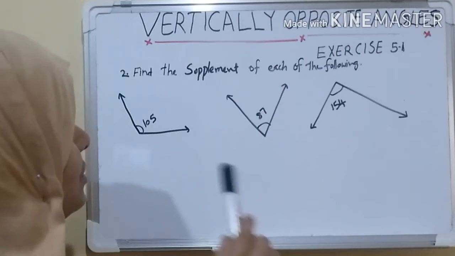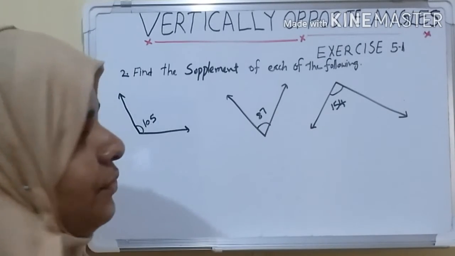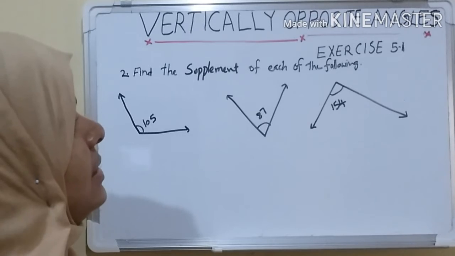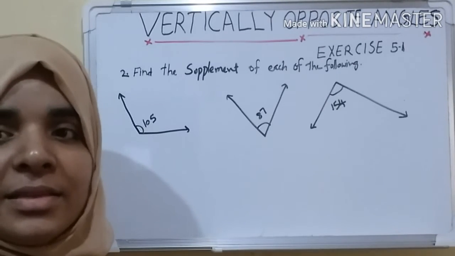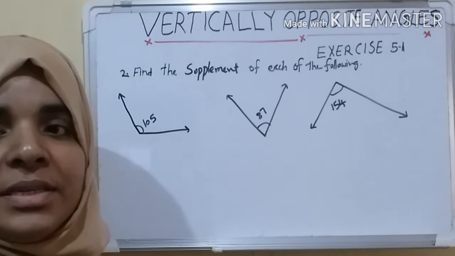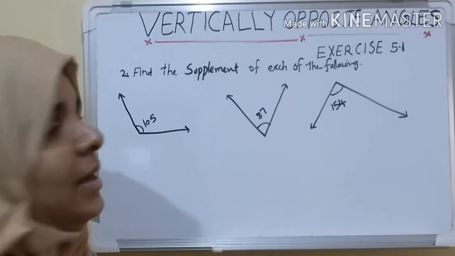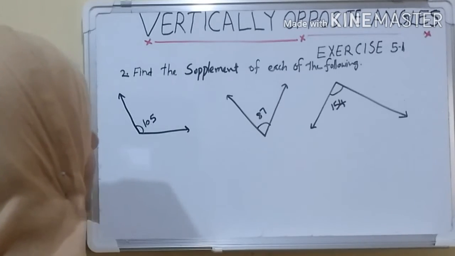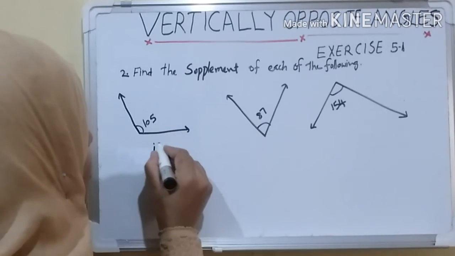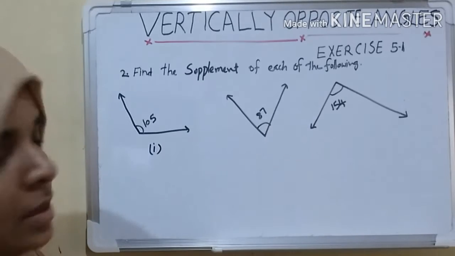Next question. Find the supplement of each of the following. We have to find the supplementary angles. What are supplementary angles? Yes, when the sum of the measures of two angles is 180 degrees, then those angles are called supplementary angles. Here one angle is given, 105.